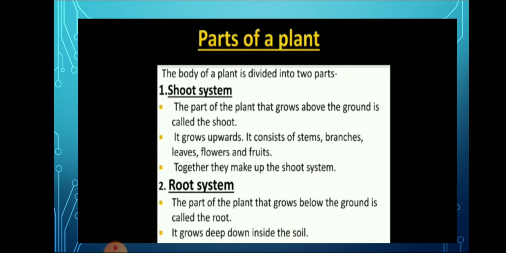Together, they make up the shoot system. This is found above the ground, and root system, this is found under the ground. The part of the plant that grows below the ground is called the root. It grows deep down inside the soil.